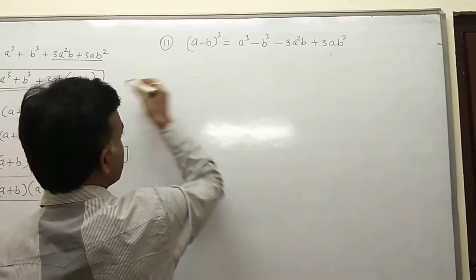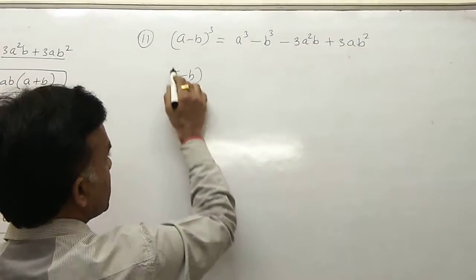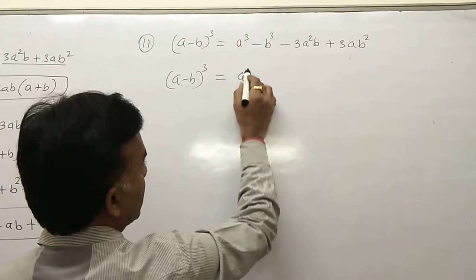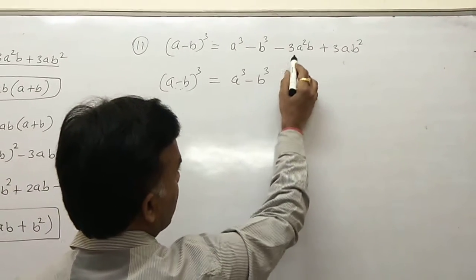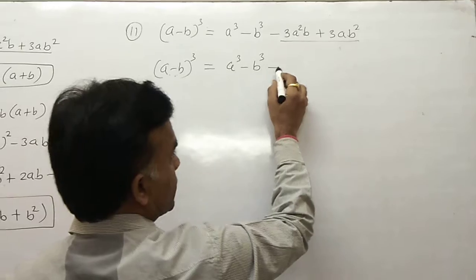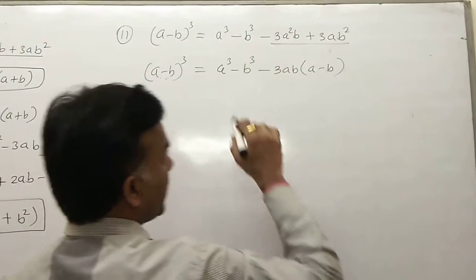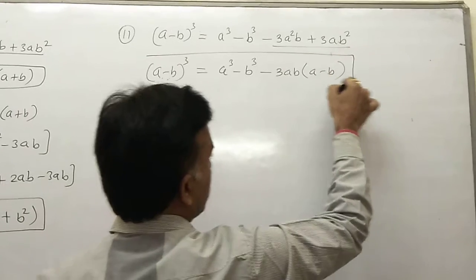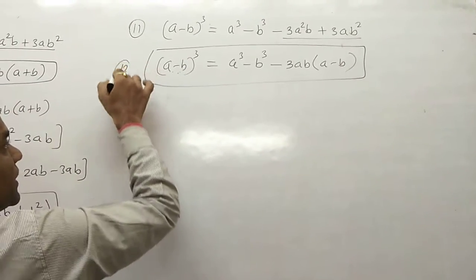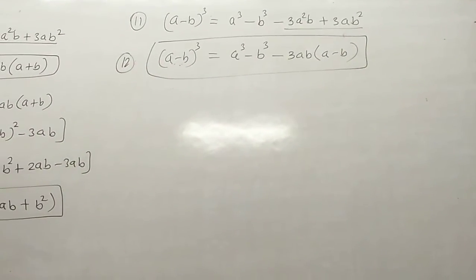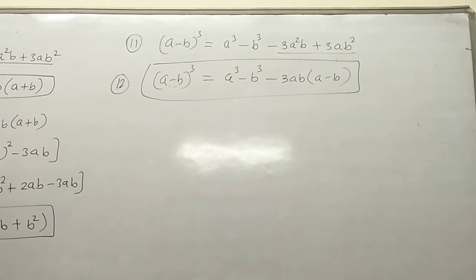Again you can use it in this form, like the same (a + b)³: you put a³ − b³ as it is, and then again you have the common term, so you can write minus 3ab is a common term, then you have (a − b) again in the bracket form. So this is another formula you can write in any type of the identity. If a − b is given there, then you can use this formula.